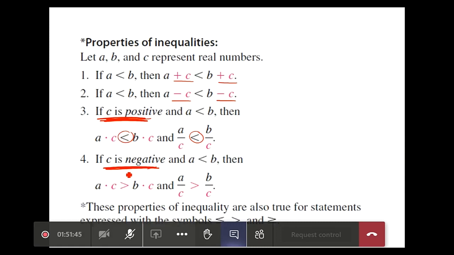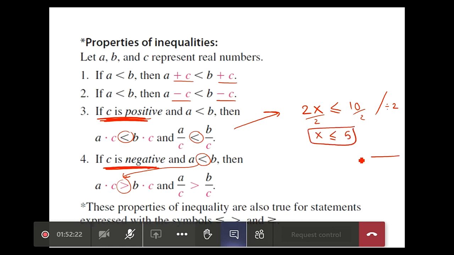But if we multiply by a negative and we have greater than, we must replace it with less than, and if we have less than, we must replace it with greater than. For example, 2x less than or equal 10. So we need to divide by 2. Divide by 2, positive. So we have x less than or equal 5.